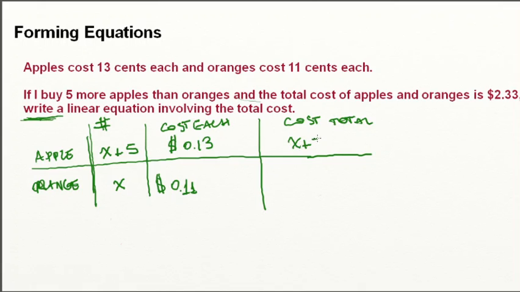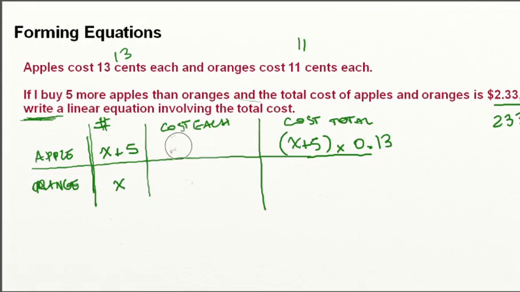So x plus 5 times 0.13. If you decide to just use cents as your unit, this would be 233, this would be 11, this would be 13, and then we would just work with integer numbers.